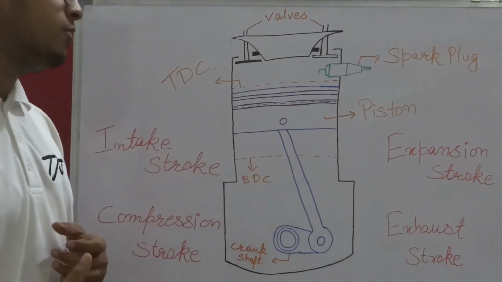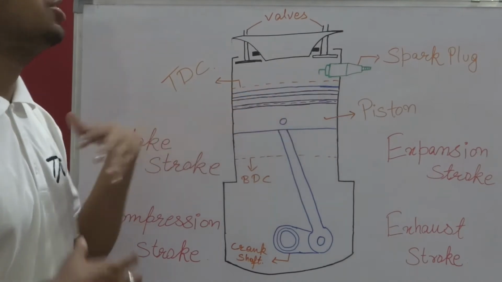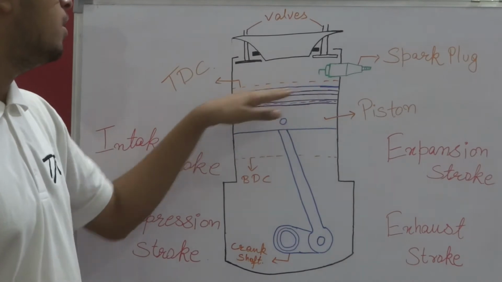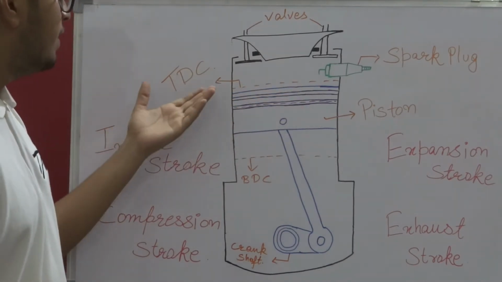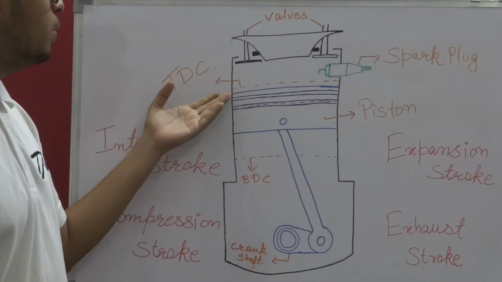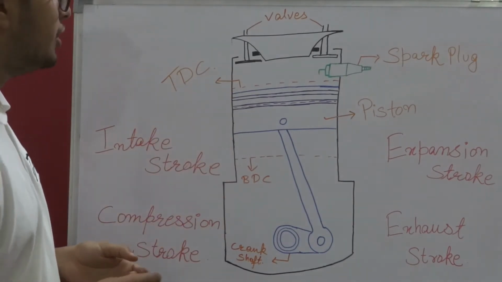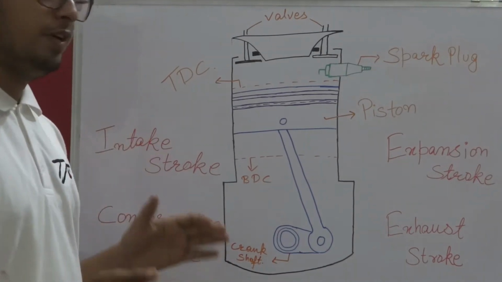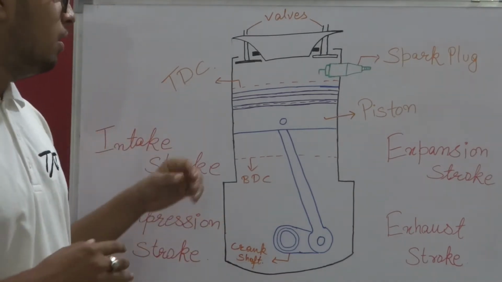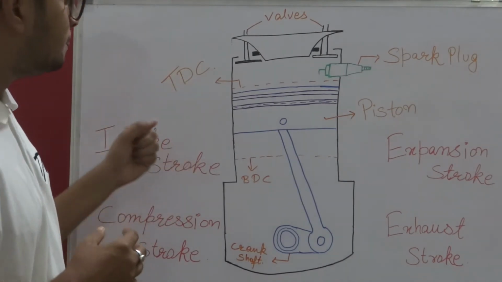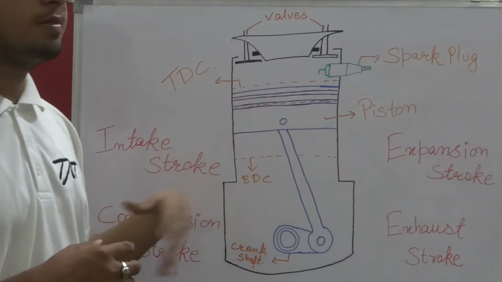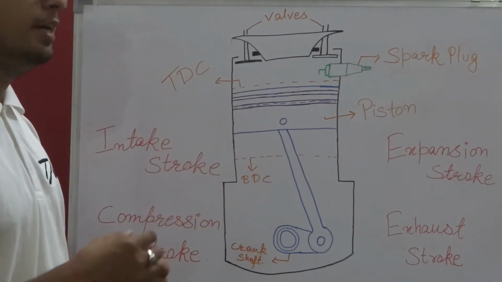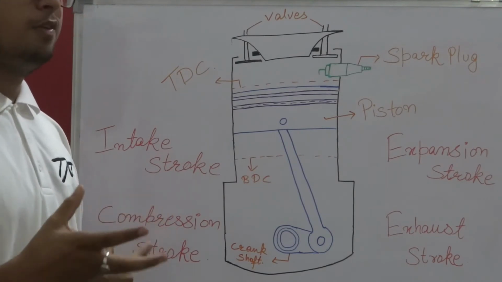In the expansion or power stroke, when it starts, the spark plug sparks, and it provides a spark to the air and fuel mixture that is available on top of the cylinder. When the spark jumps into it, a small area known as the combustion chamber is left, while in the compression stroke the molecules were brought very close together, and with that the expansion is quite easy for the piston to move down with a great amount of force and provide the power that is required.